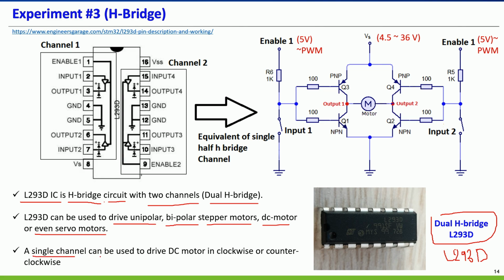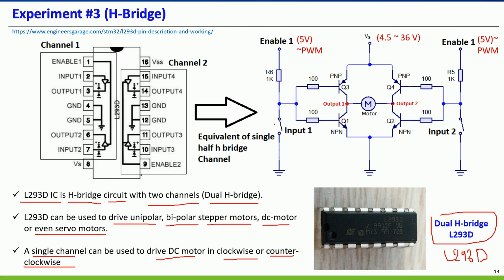This single channel can be used to drive a DC motor clockwise or counterclockwise. Basically, we can drive the DC motor using an H-bridge, which is equivalent to two half bridges. When you give the input, there are two kinds of switch in here.